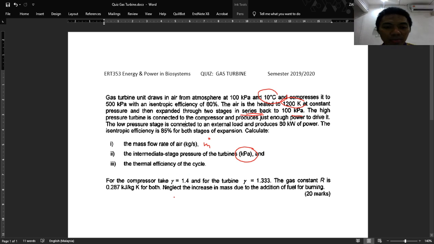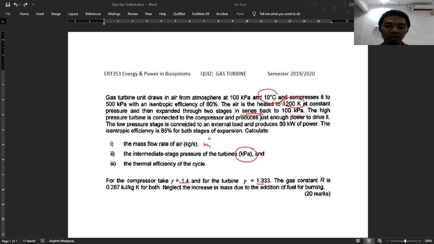Given that the lambda for compressor is 1.4 while the lambda for turbine is 1.33 and the gas constant is given as R. This is R. Okay, so the first step again for this solution is to list up every single important information inside this question.